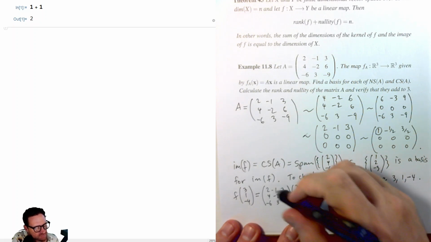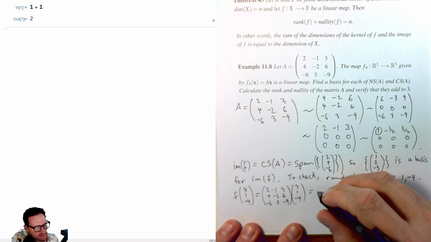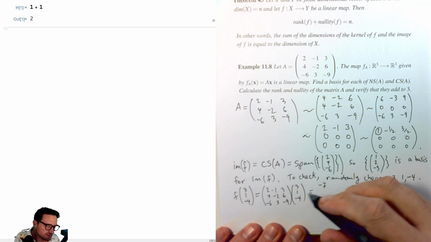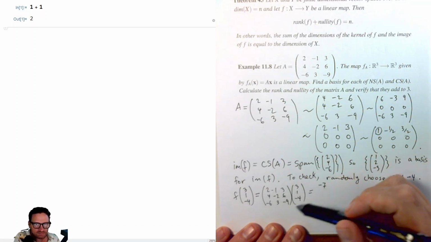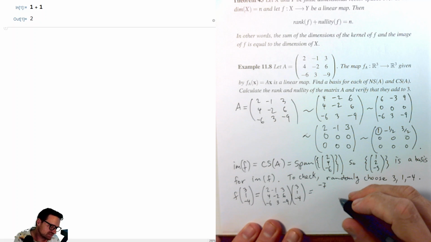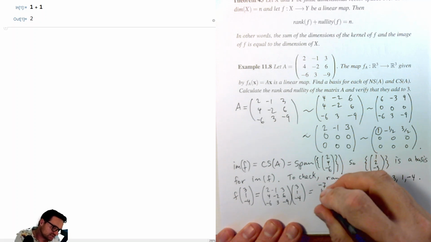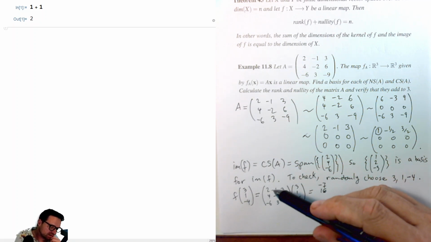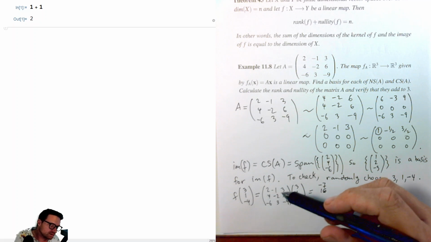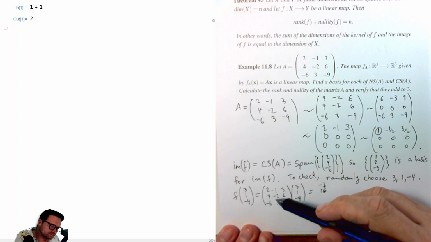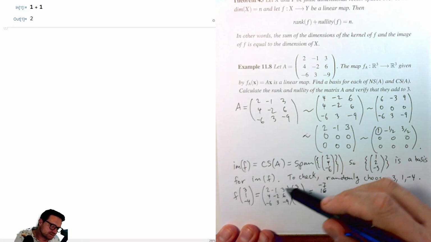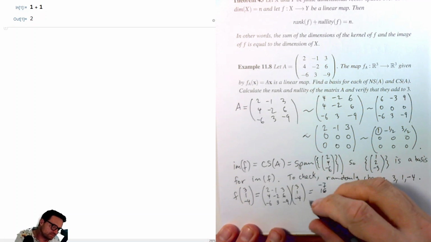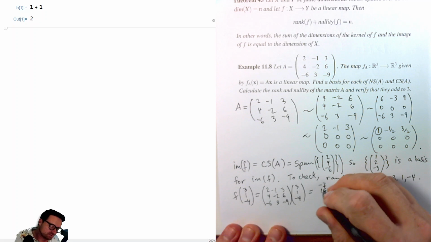So what do we have? 6 - 1 is 5, minus 12. That's -7. And then second row times this column, we have 12 - 2 is 10, plus 6 is 16. Hope I got this right. No. Okay, so 6 times 4 is 12, minus 2 is 10, and then -24. 10 - 24 is -14.